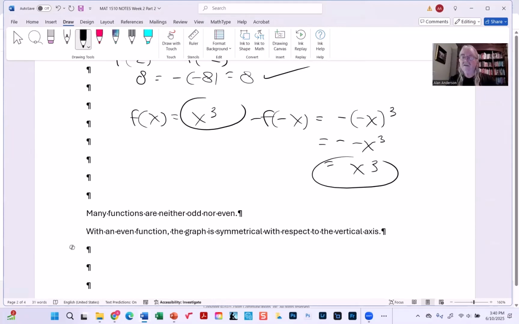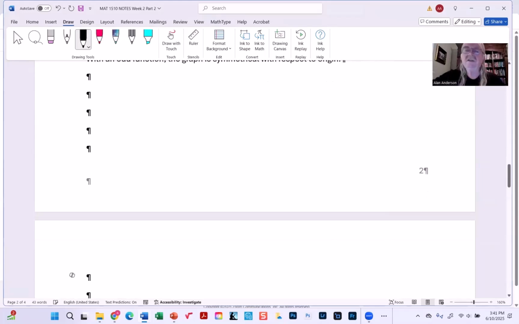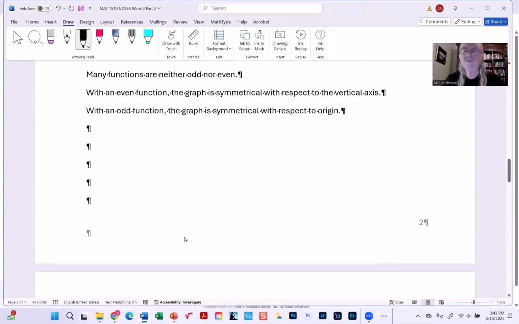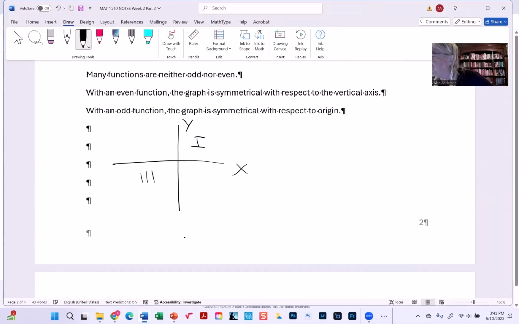Now, interestingly enough, with an odd function, the graph is symmetrical with respect to the origin. That seems a little strange. That means there are a couple of possibilities. Either the function is identical in the first and the third quadrants, or in the second and fourth quadrants.